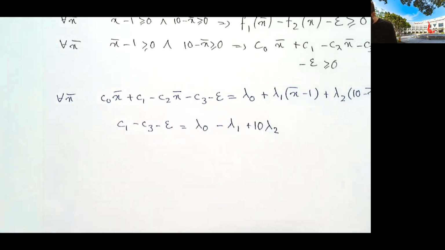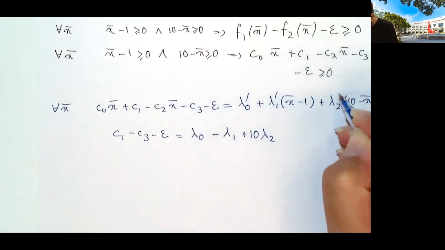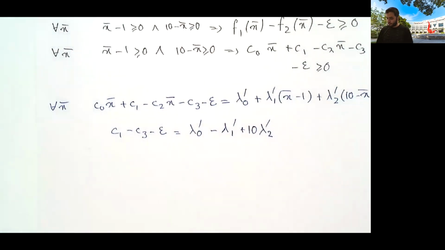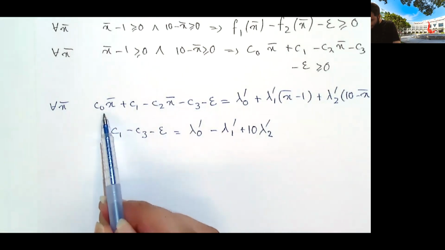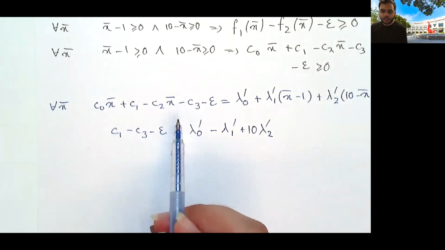Okay, maybe I shouldn't call them lambda anymore because I already used lambda there. So let's call this lambda prime. Okay. And I have to also say that the coefficient of x is equal on both sides, on the left-hand side and the right-hand side.